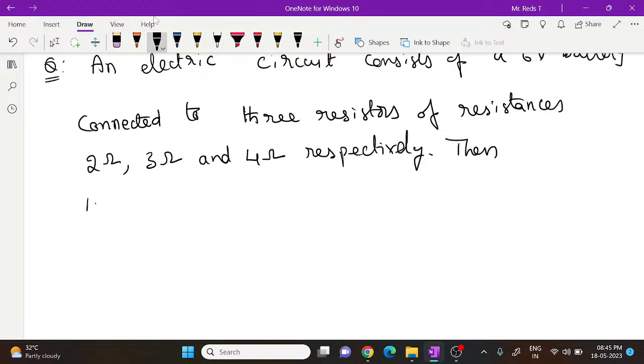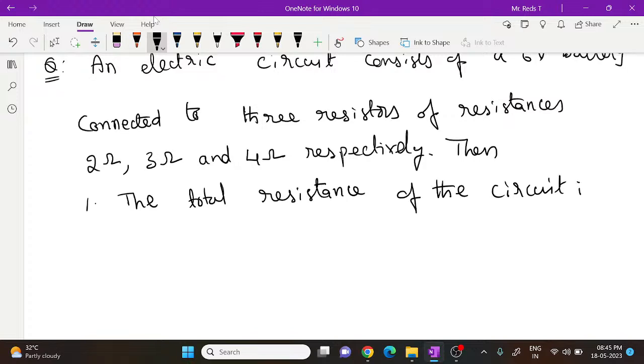Options also may be given from the examination point of view, but I'm not giving the options. I'm asking you guys to practice by yourself. These are simple questions, and let me give you all the questions first.